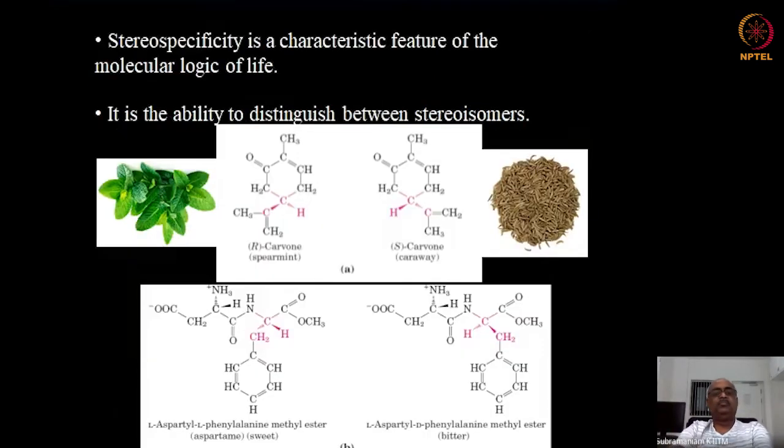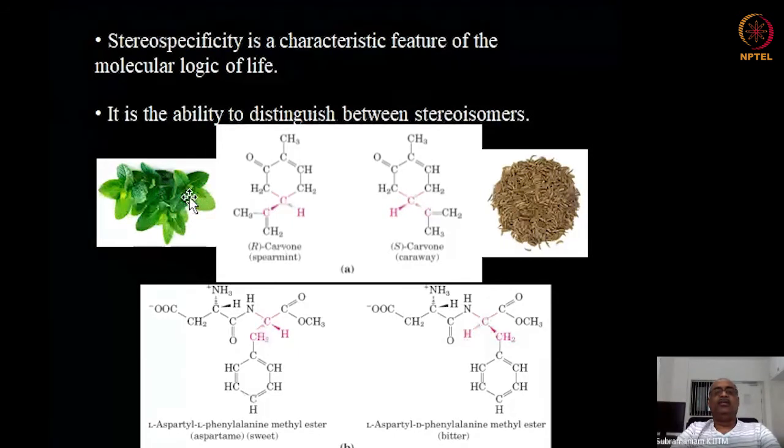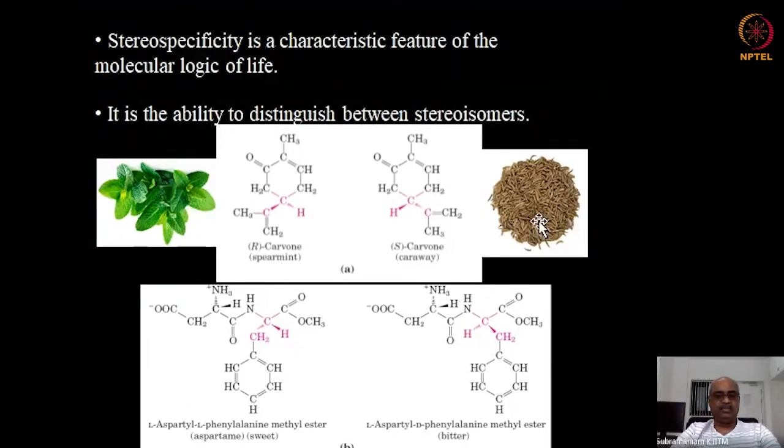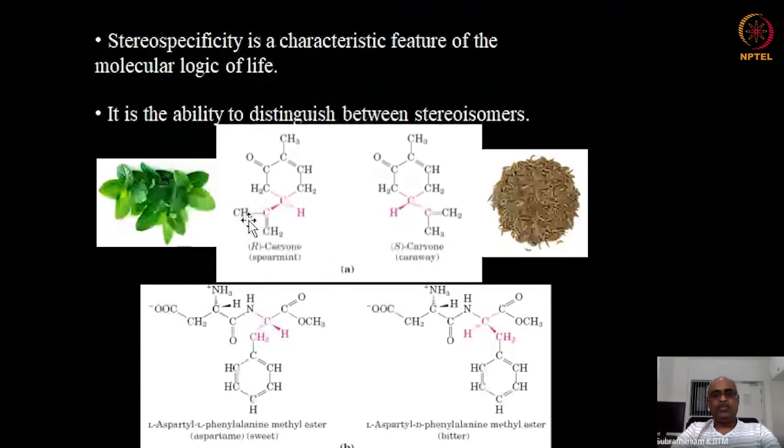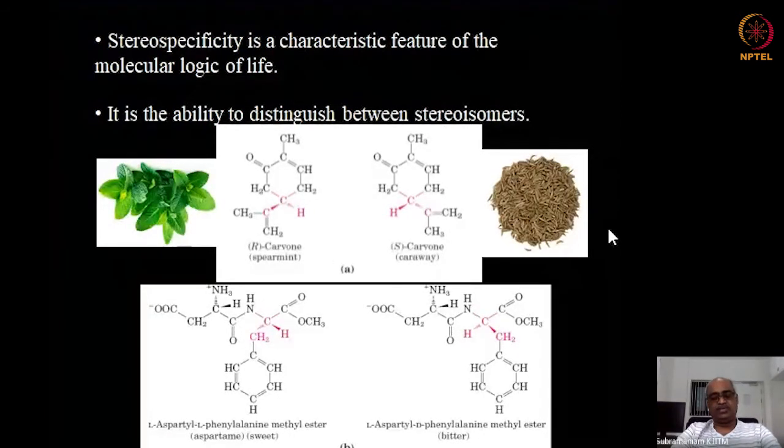So here are some examples to make us understand in a more everyday way. If you take the spearmint or these caraway seeds, both, we get oils from them. Both have very different fragrances, but the fragrance comes from the same molecule, carvone.